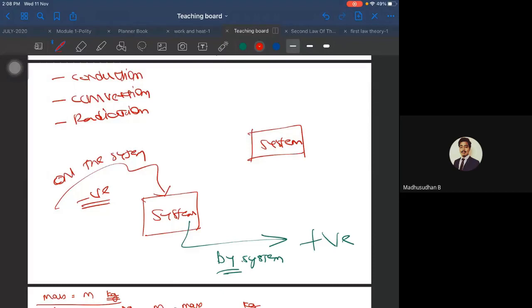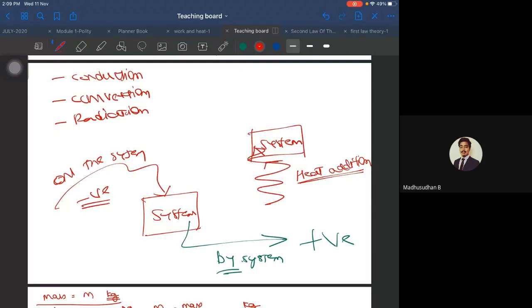Now let us deal with the heat. Suppose heat is added to a system. I am adding heat to a system. Should I take it positive or negative according to you? The energy is being gained by the system. Positive, very good.